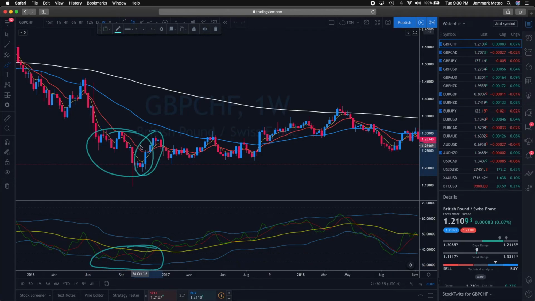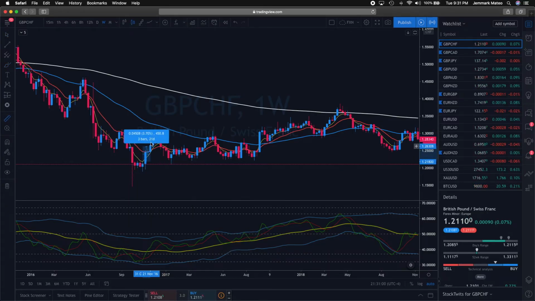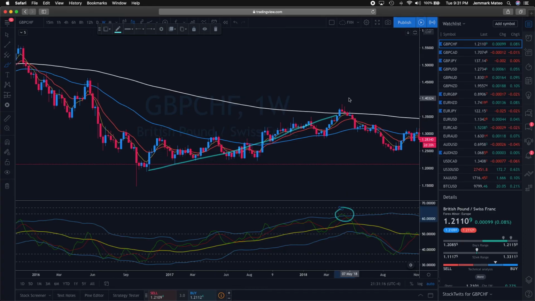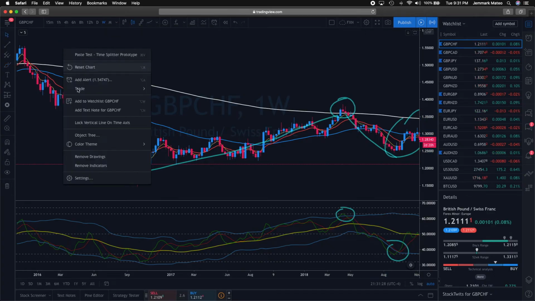This little move right here may look very small, but when you measure it out, it's 732 pips. And as you can see, it went from here all the way up here, which is another extreme, and another drop. Another extreme, another rise. This happens over and over again, very consistent on the weekly charts.